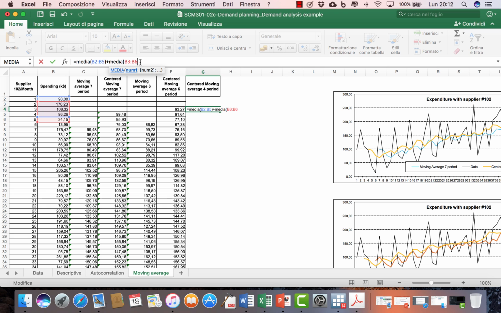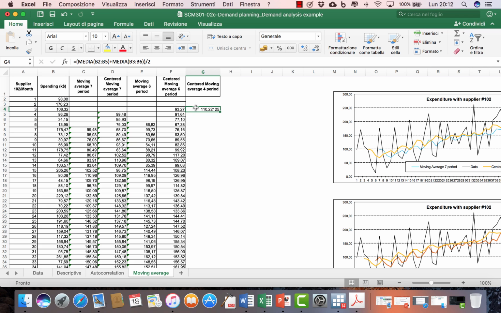If I average these by 2, you see that I obtain the average between the moving average of 4 periods on the first 4 observations and the moving average of the second 4 observations.